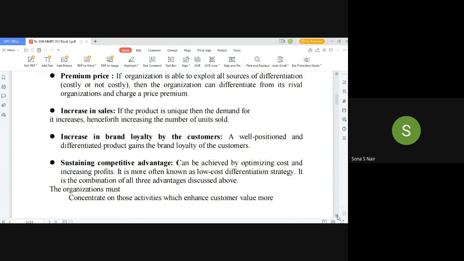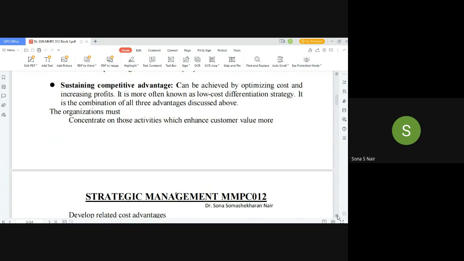And in the long run, if the differentiation is able to achieve both the sales and the loyalty of customers, they could possibly sustain in the marketplace, and they'll get competitive advantage over the others, right?